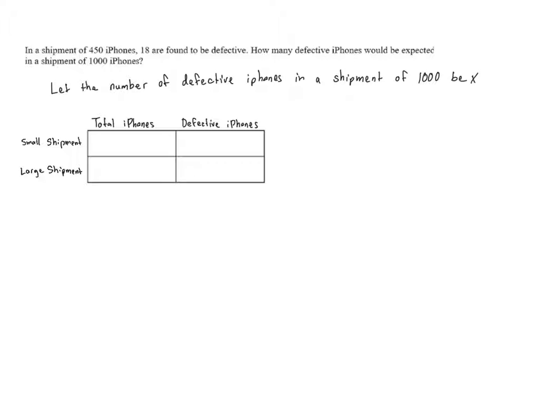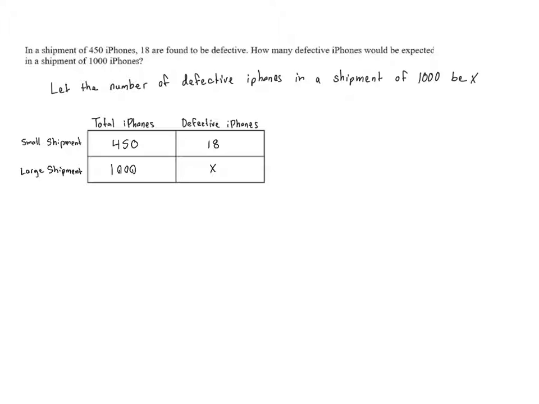Now, in the small shipment, we're told that there were 450 iPhones in total, and 18 of them were defective. For the larger shipment, there's going to be 1,000 iPhones, and we don't know how many will be defective, so that is our X from the let statement.